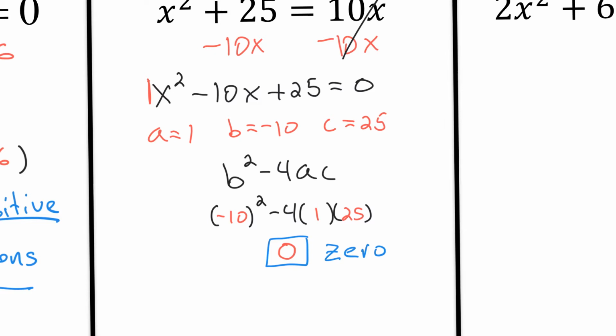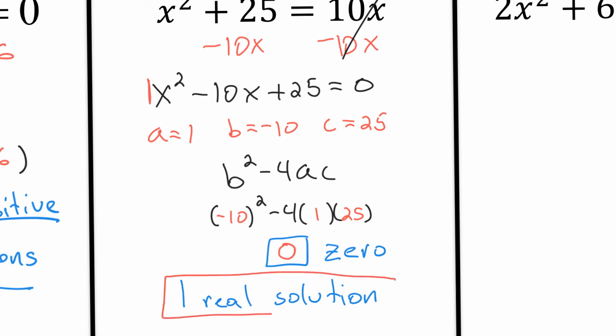So we say that when the discriminant is 0, we have 1 real solution. So that's what it means. When you guys graph, you have the parabola, the vertex, that's the one point, the vertex will be on the x-axis. We're only going to have one answer, 1 real solution. So don't get confused just because you see the number 0. Don't say it's no solutions, it's 1 real solution.